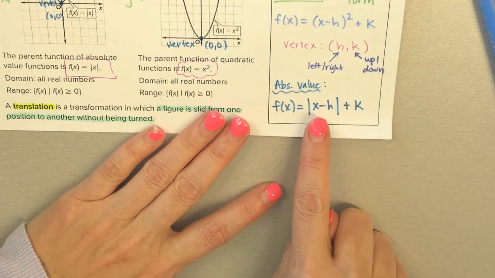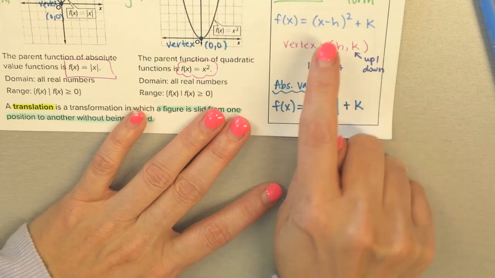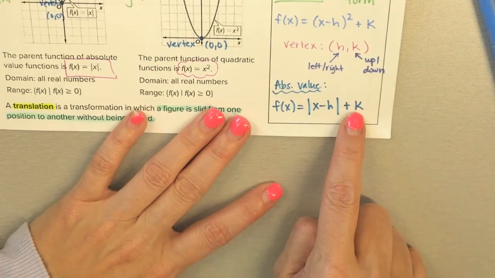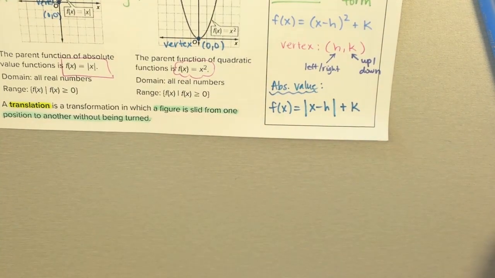So notice the h value is inside the absolute value. It's inside the parentheses here. The k value is on the outside. Okay, so that's going to help us as we start to look at some of our equations and figure out what's happening with these transformations. Okay, I know that was a lot of rules.